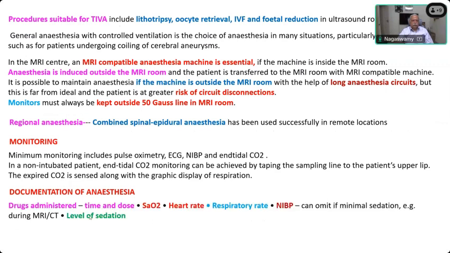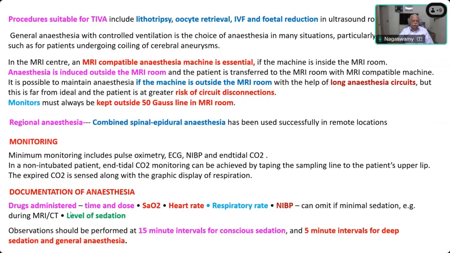Documentation of anesthesia: time and dose, saturation, heart rate, respiratory rate, NIBP, all this can be documented, and level of sedation also to be documented. When the patient is having conscious sedation, the interval for documentation is 15 minutes. Whereas if the patient is in deep sedation or general anesthesia, the interval for documentation is every 5 minutes.